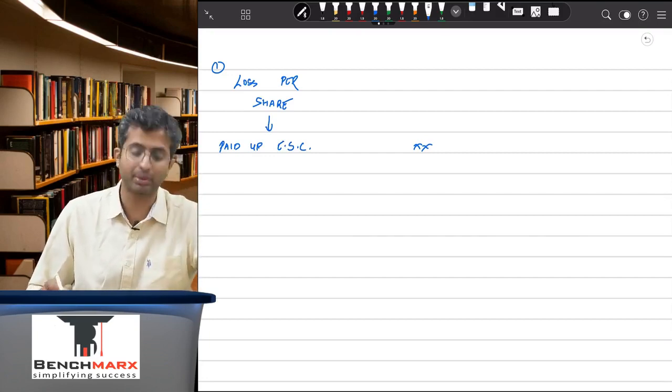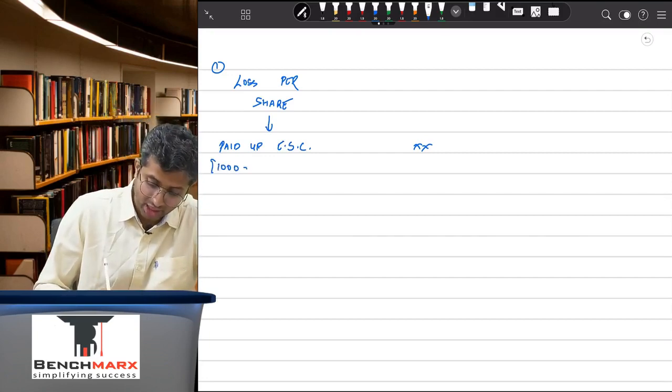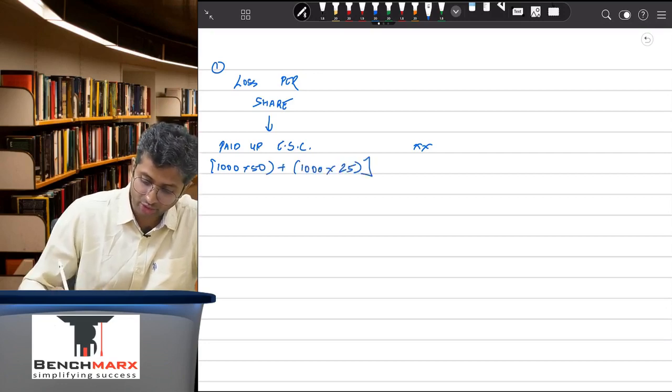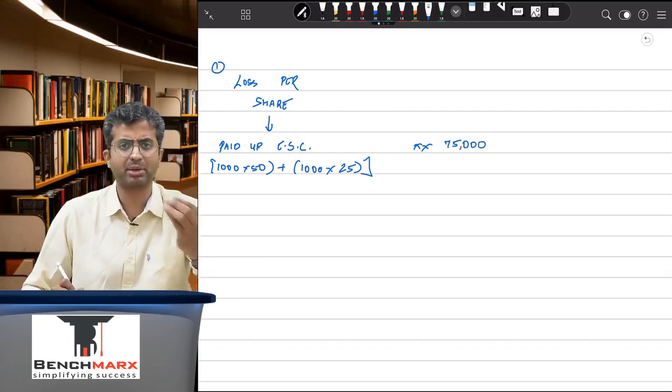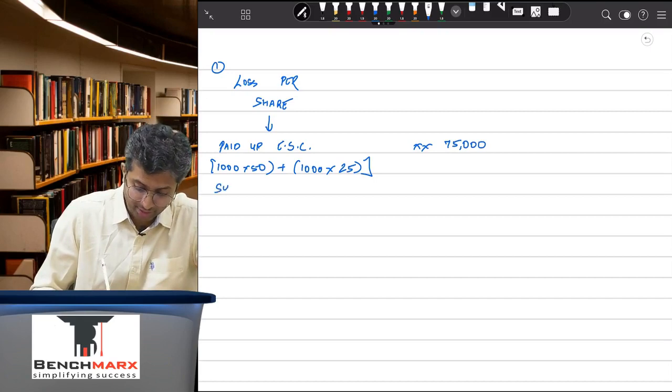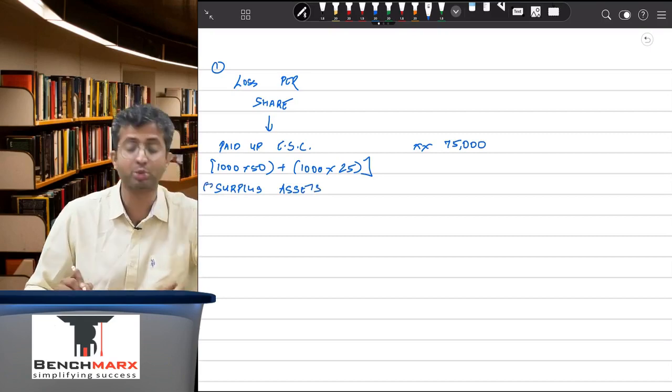So you will take the total paid up capital. For example, 1000 into 50 plus 1000 into, let us say, 25, which means this total, let us say, will come to 75,000. Now ideally whatever paid up share capital should be given. So you will compare this with the surplus assets, which can be given to the equity shareholders after paying preference shares, after paying all liabilities, surplus assets available to pay off equity shareholders.